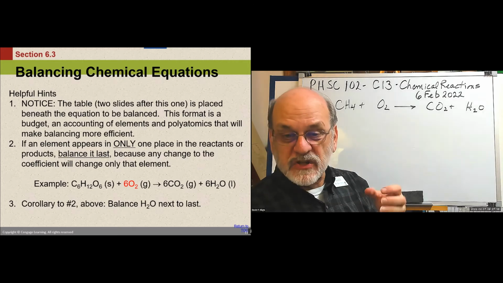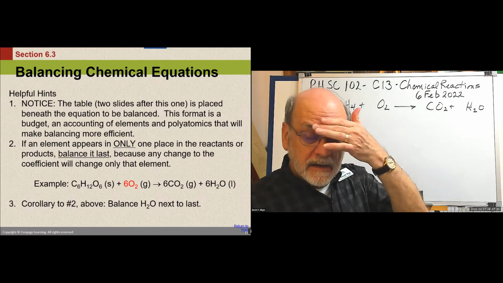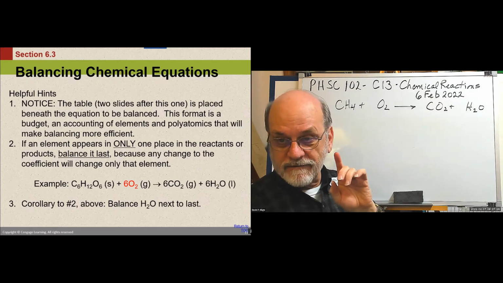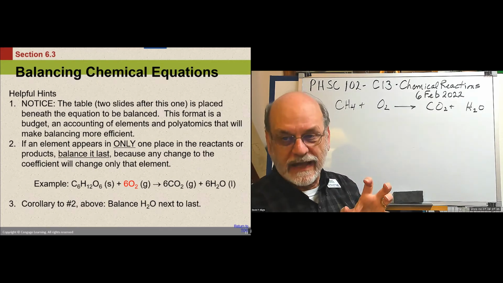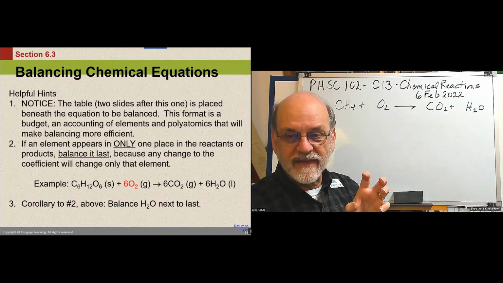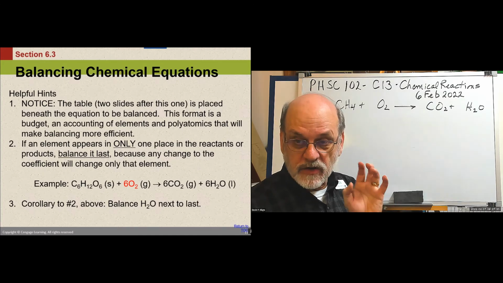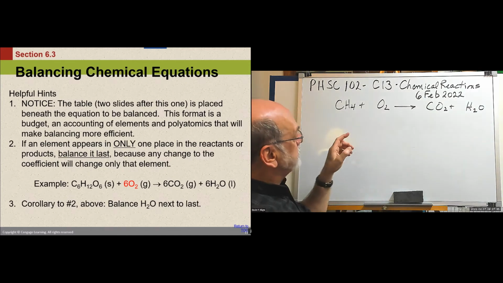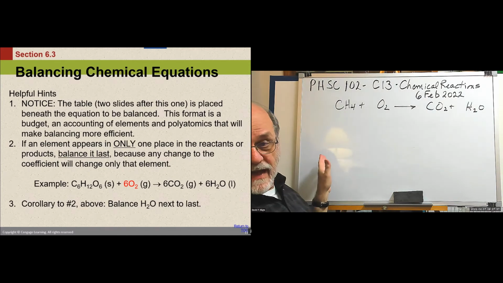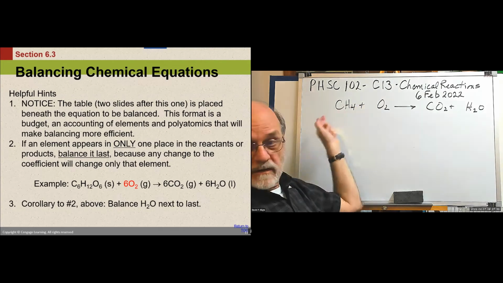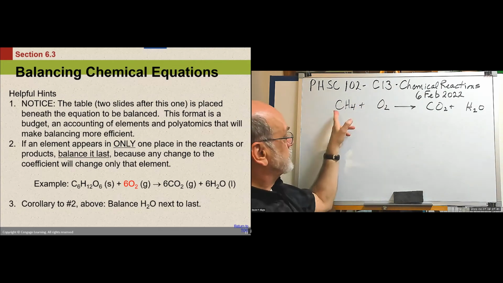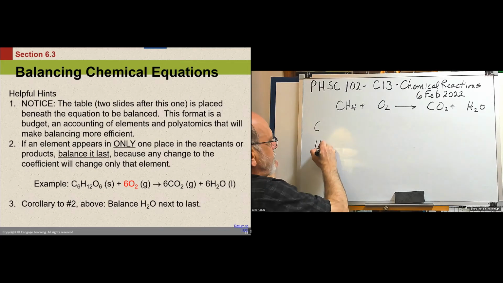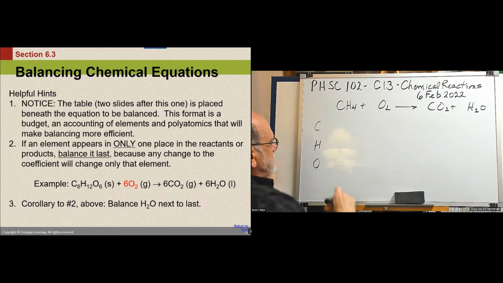I mentioned budget method. What you want to do is find out exactly where you're starting. And what I mean by that is, how many elements are you starting with on each side? So in order to do that, I list down the left-hand side the elements that are contained in the equation. So carbon's there, hydrogen's there, oxygen's there.